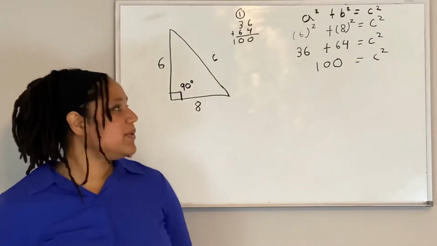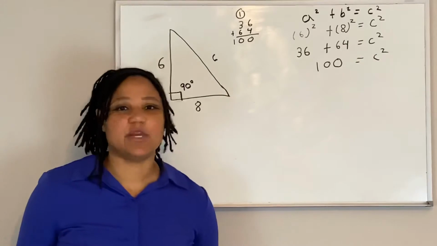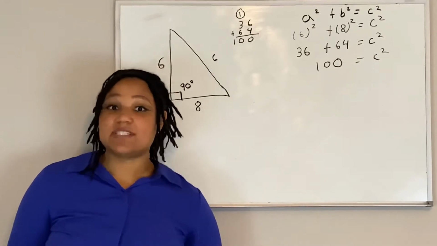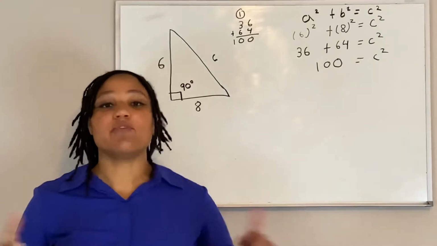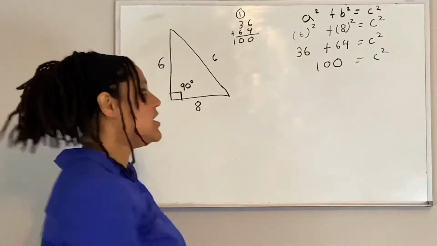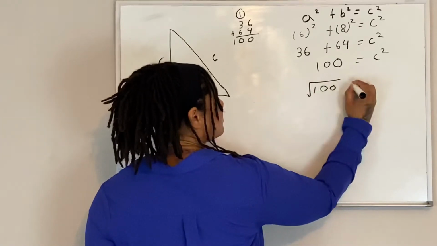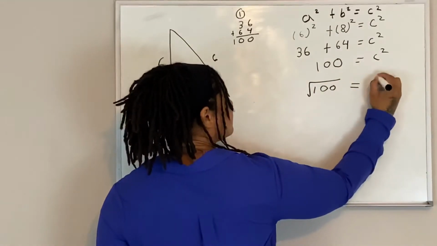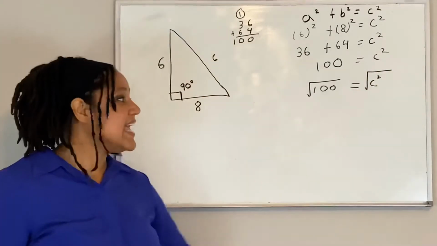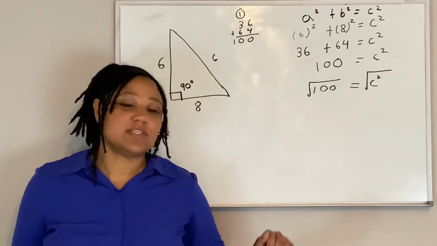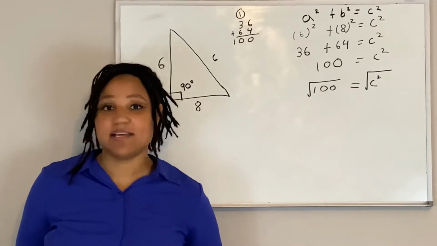Now, what are we going to do to isolate c? We want c by itself. So in order to get rid of the c squared, we need to take the square root of both sides. So if I take the square root of both sides, it allows the 2 to cancel with the square root, and it gives us c by itself.